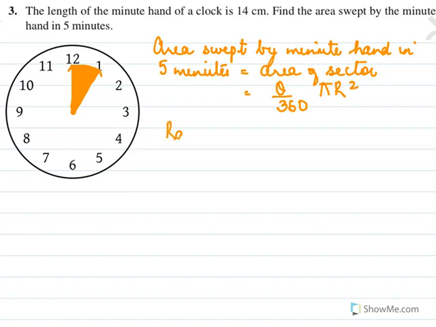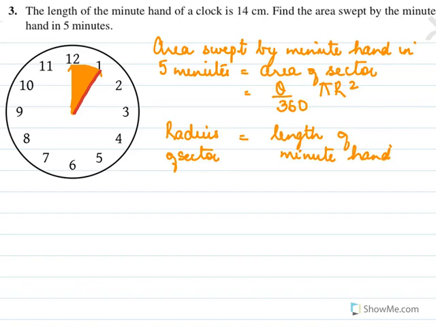Now the radius of the sector will be equal to the length of the minute hand. If we were to mark it in the figure, here is the minute hand, which is 12 centimeters. Is it 12 or 14? It is 14 centimeters. So the radius we know is 14. So r equals 14 centimeter.